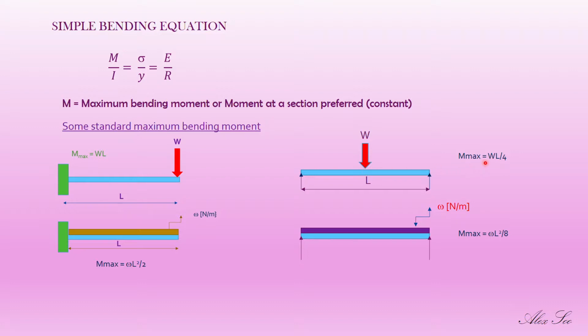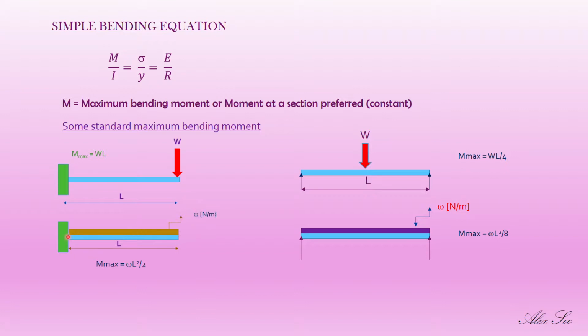The maximum bending moment is given as W, the load in Newton, times the length divided by 4. We can work this out, but that is what you have done in statics, so I'm not going to repeat it. Now this is a cantilever, but it is not dealing with a point load. It is dealing with what we call the uniformly distributed load, in Newton per meter length, usually called UDL for short.